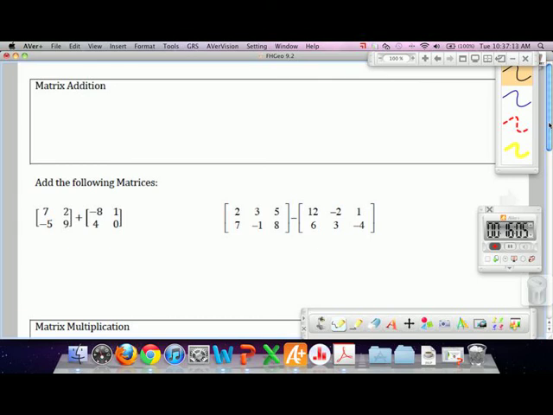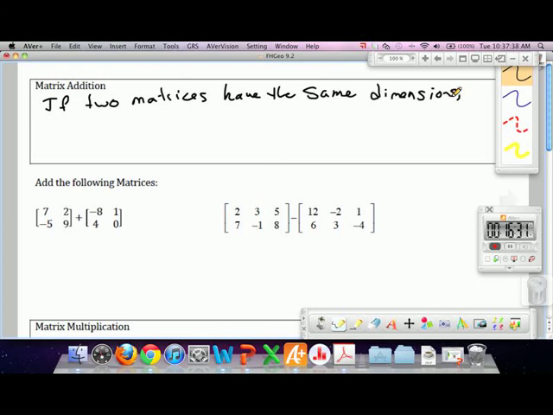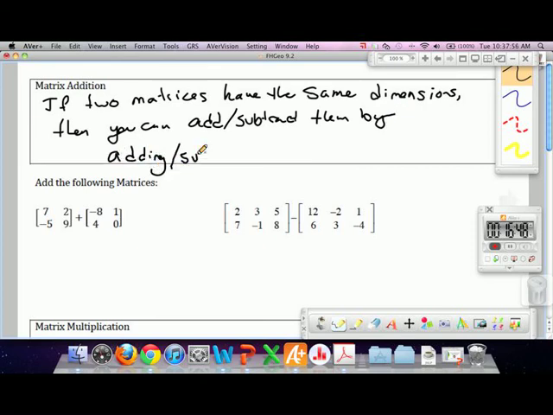If I want to perform what's called matrix addition, two matrices have to have the same dimensions, then you can add or subtract them element by element.